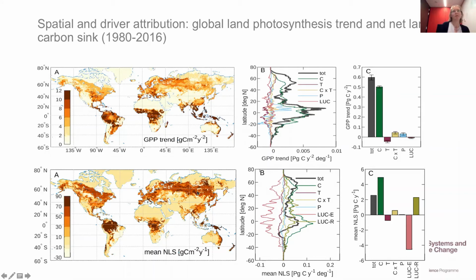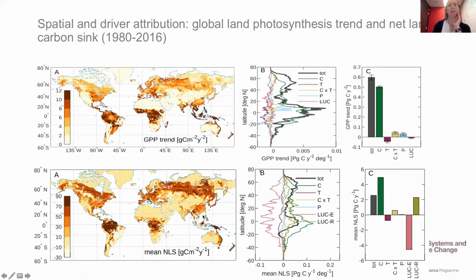Just for contrast, I illustrate our attribution of the net land sink over the same period. Of course, this is just one model's attribution of that, and it's not as certain as the photosynthesis trend.